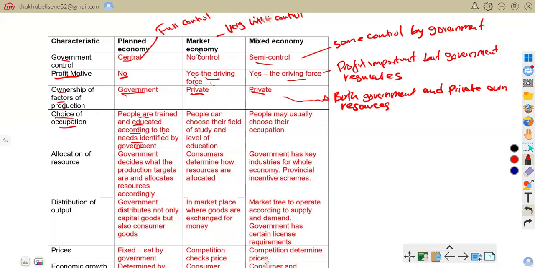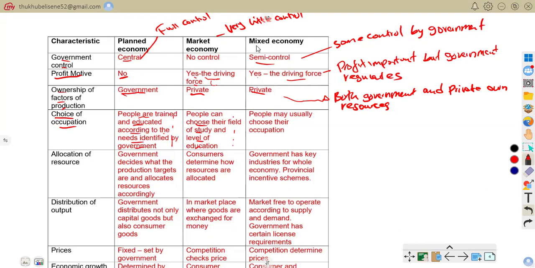But coming to market, people can choose their field of study and level of education. Meaning people choose their jobs. Under planned economy, the jobs are decided by government, but here the jobs are chosen by people themselves.